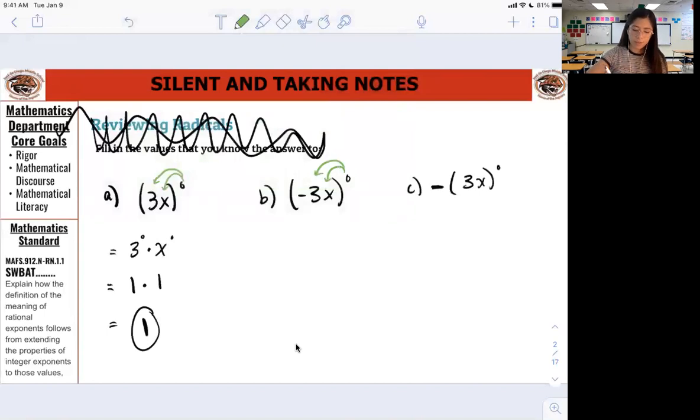Now I've got negative 3 to the power of 0. What's negative 3 to the power of 0? 1. Yeah, it's just 1, because remember, anything to the power of 0 is 1. Even if it's positive, negative, decimals, fractions, imaginary numbers, rational numbers, which you guys don't even know about yet. Any number to the power of 0 is 1.